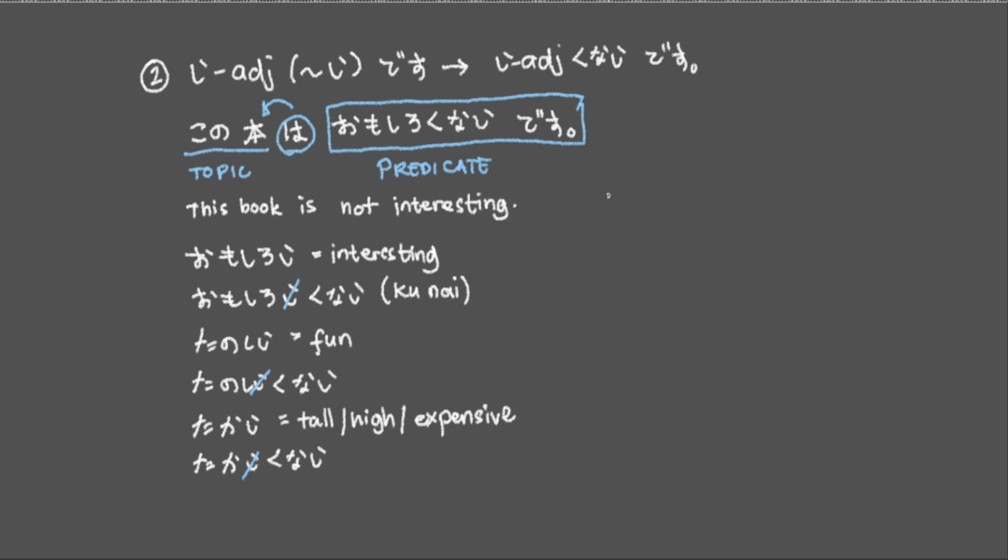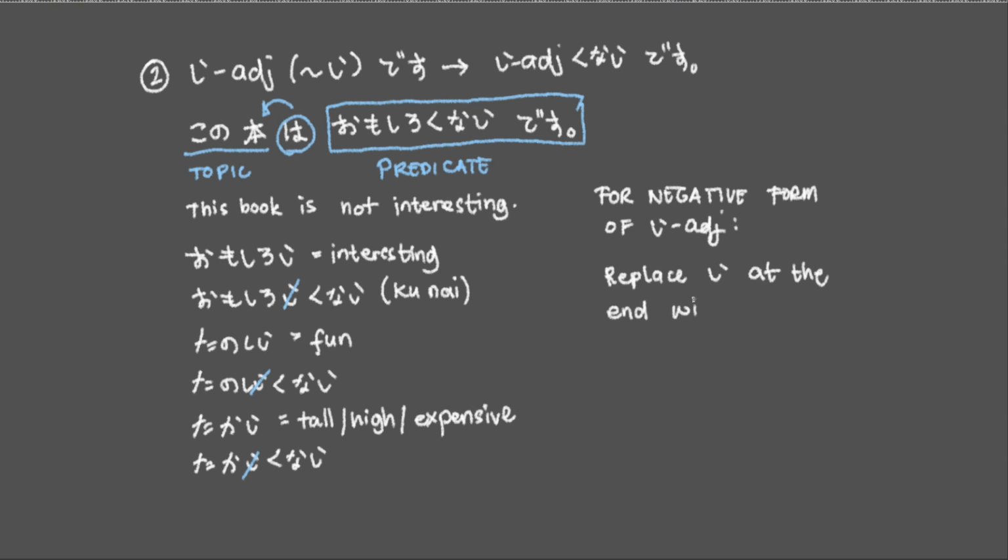Again, for negative form of e adjectives, replace the e at the end with kunai.